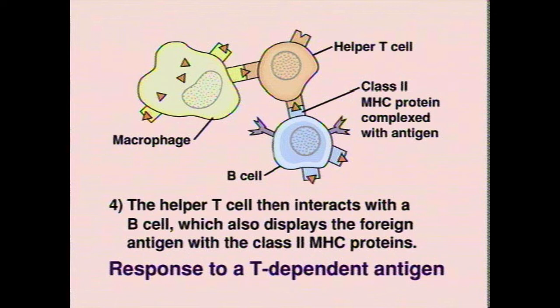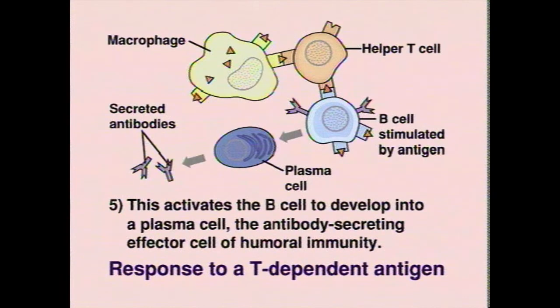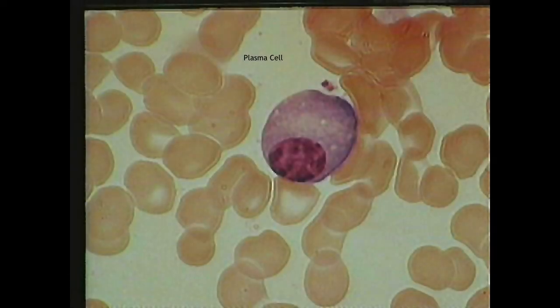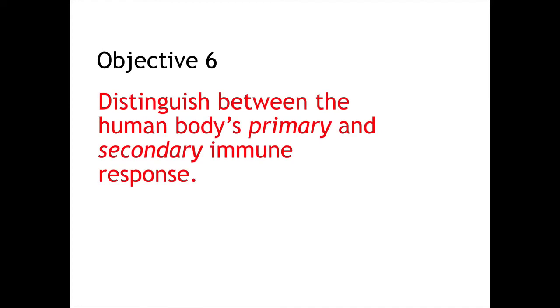That B cell is going to display the same foreign antigen on the class 2 MHC proteins, and that B cell then is going to develop into a plasma cell, which is the antibody secreting cell. It's going to make antibodies, which you see there, those Y-shaped things. And then we're also going to make memory cells. So here's a plasma cell. It's a pretty big cell. That's the one that makes the antibodies.